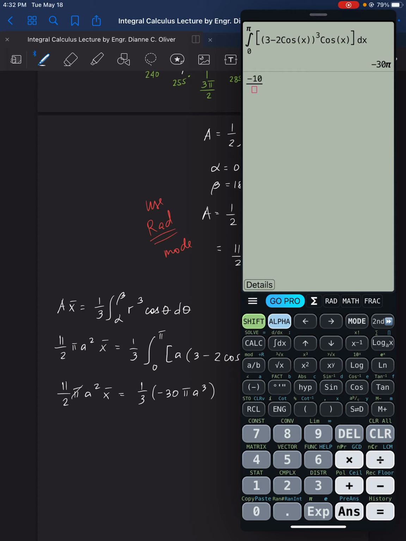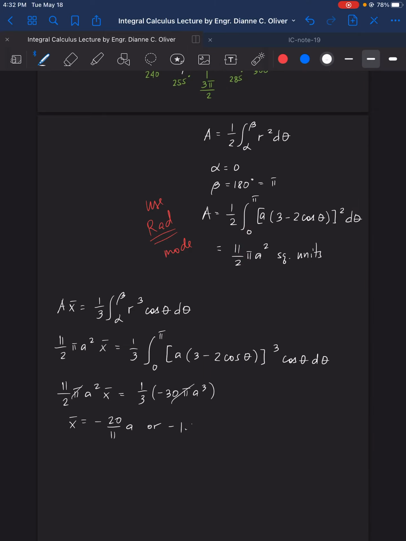Cancel pi, so negative 10 over 11 over 2. The answer here is negative 20. So x bar is equal to negative 20 over 11 a, or negative 1.81a. So that's for x bar.